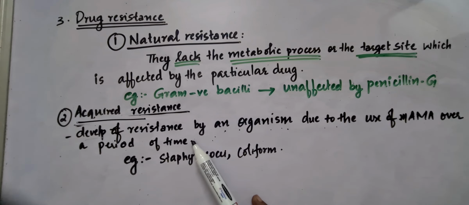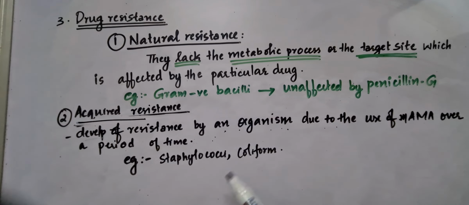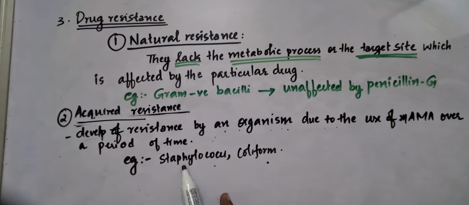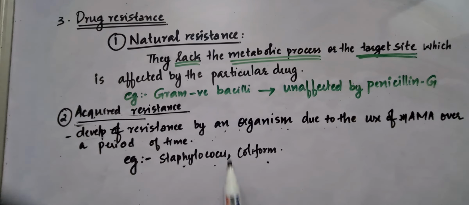An example is Staphylococci and coliforms. Acquired resistance can happen with any microbes and is a major clinical problem. However, development of resistance is dependent on the microorganism as well as the drug.